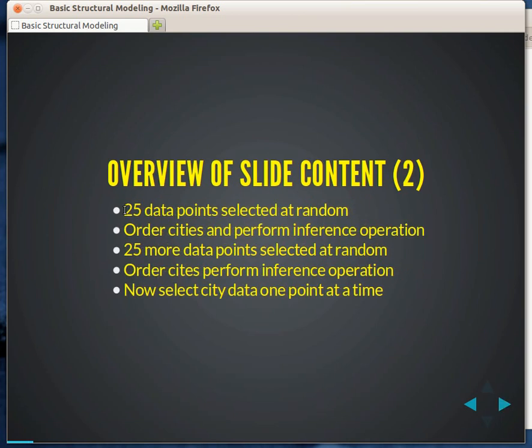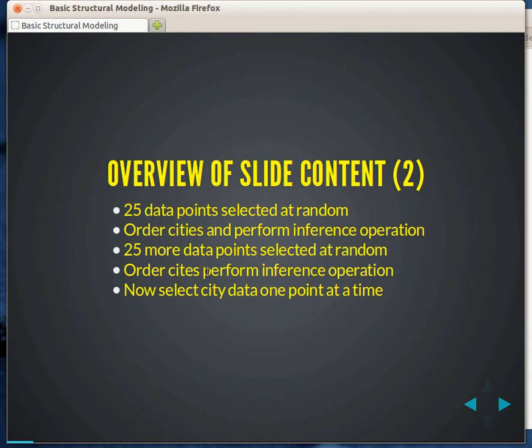As I said before, we picked 25 data points. That was 5 cities at random and 5 data points associated with each one of those cities. Then we placed those on the matrix chart, ordered those cities and performed an inference operation to get some more ordering data. Then we did it again, selecting 5 more cities at random, 5 points with each one.